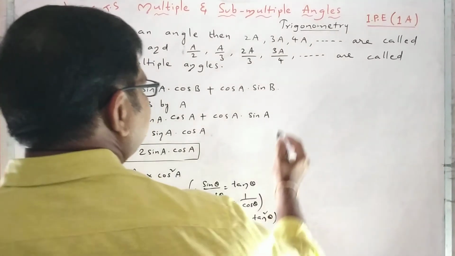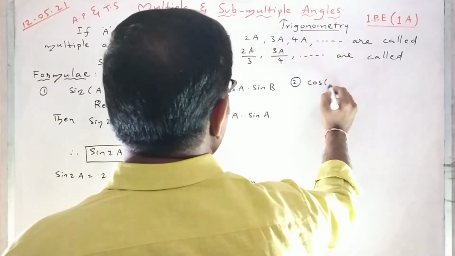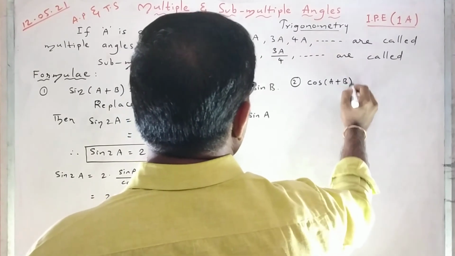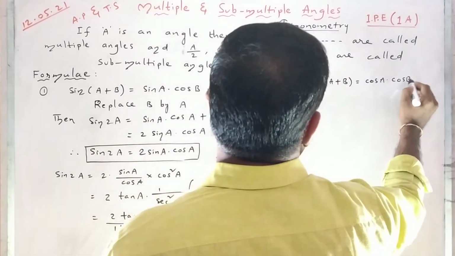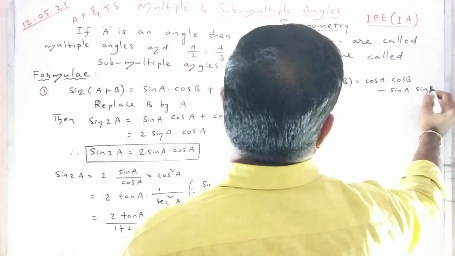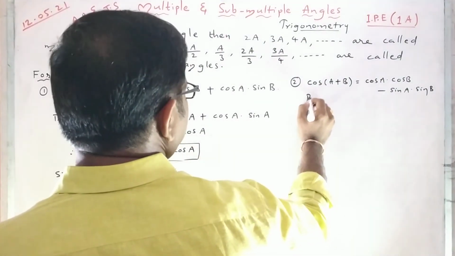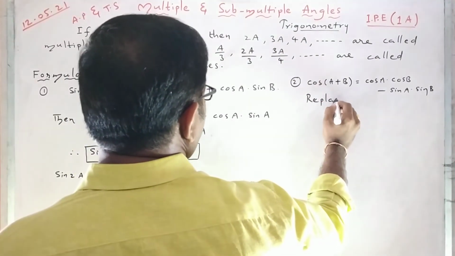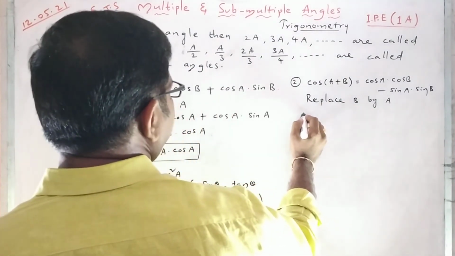Similarly, cos A plus B. By using cos A plus B, what do you get? The cos A plus B formula is cos A cos B minus sin A sin B. Right? Now replace here also B by A. Then what will you get?